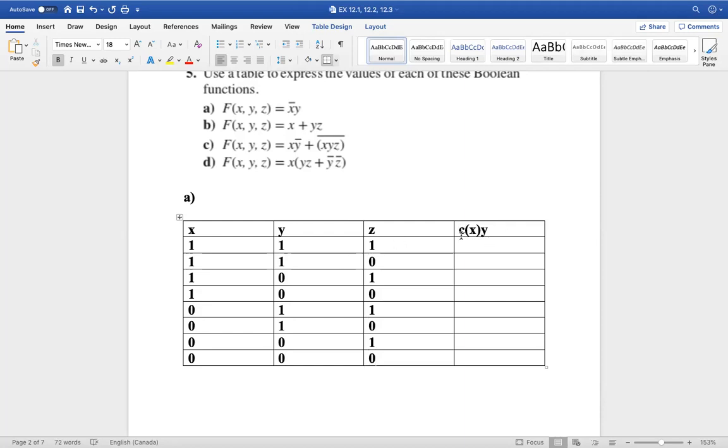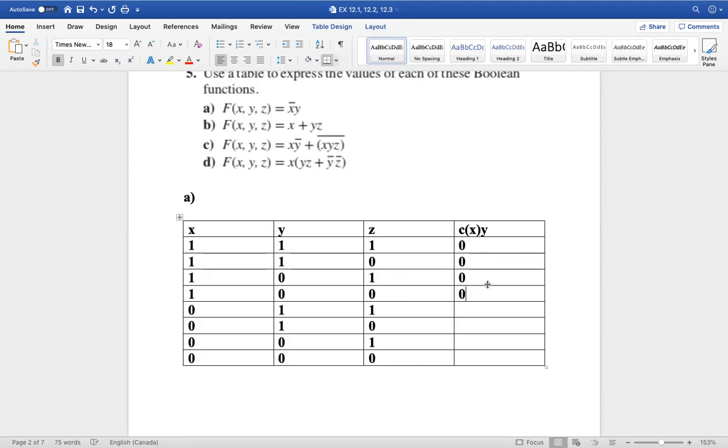So we take the complement of x. Here 1 becomes 0, and then y. 0 dot 1 is 0. Again 0 dot 1 is 0. 0 dot 0 equals 0.